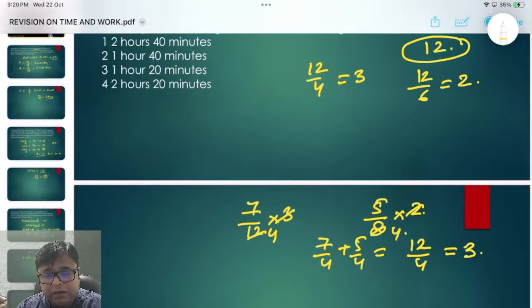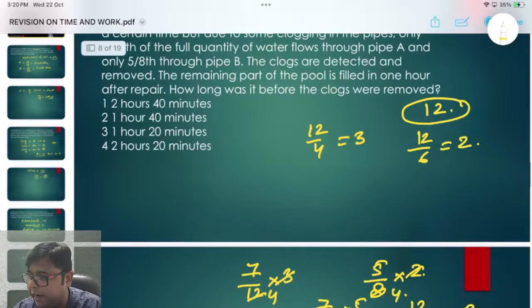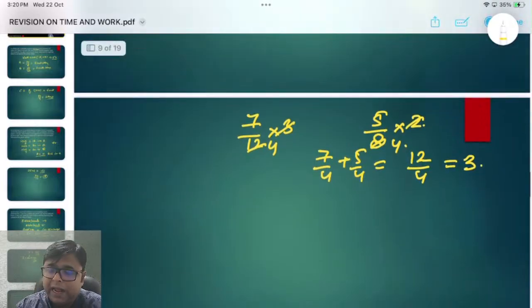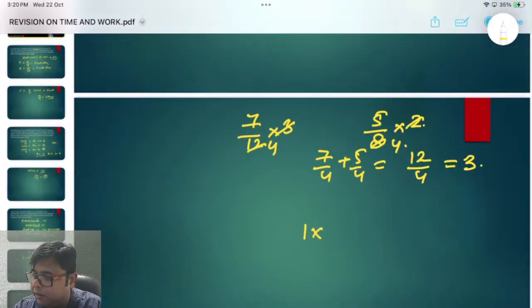Now, they are saying that the clogs are detected and removed, and the remaining part of the pool is filled in 1 hour after repair. So in the last 1 hour after repair, they must have filled 1 into total efficiency, which is 5.